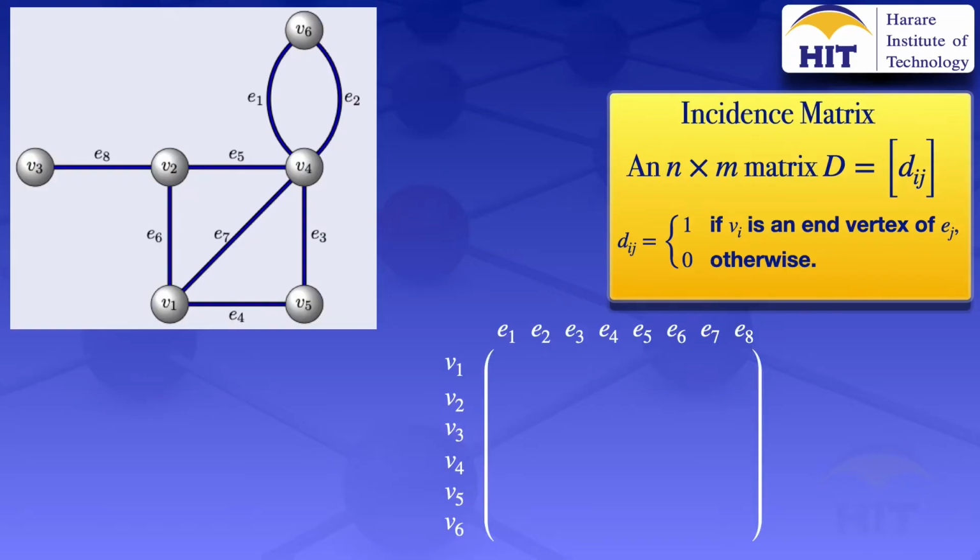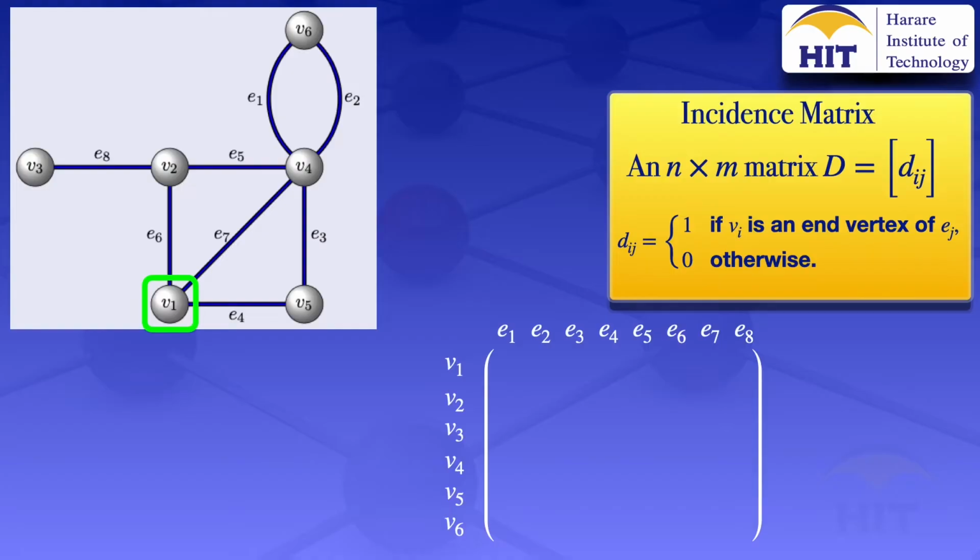So we now go on and look at vertices, and I'll start with vertex number 1. Vertex number 1 is an end vertex of edges E4, E6, and E7. By the definition above, the d_ij should be a 1 where V1 is an end vertex of those edges.